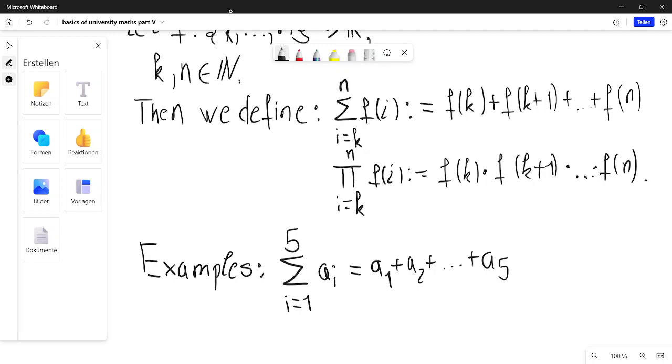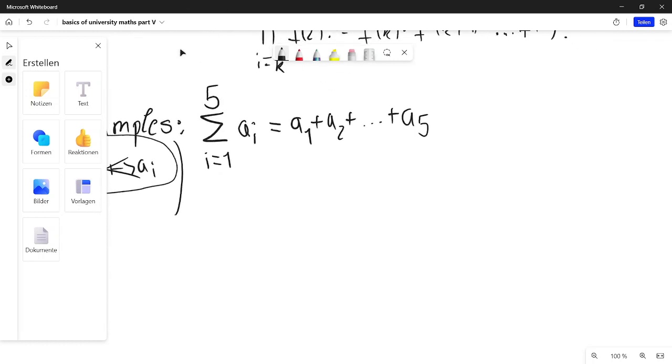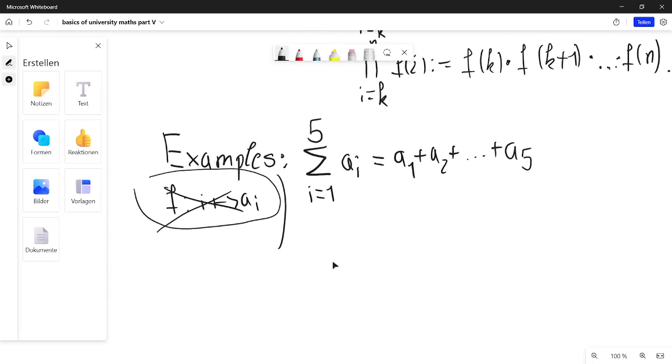And you do not specify this function, you do not write it down like i is mapped to a_i. No one does that. People just write that down. It is clear that it is this function that is meant because the notation already structurally contains it.